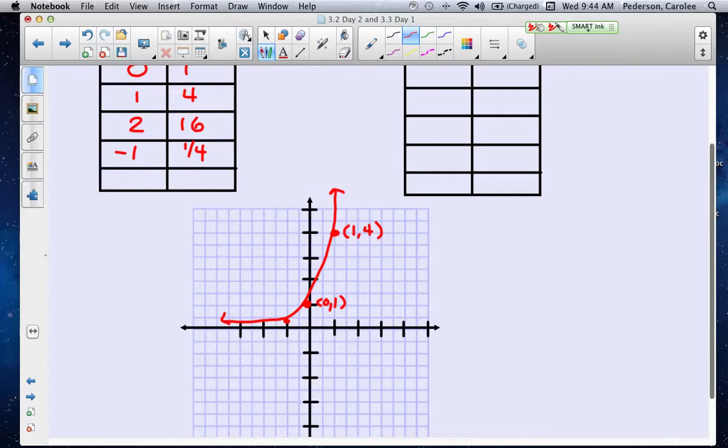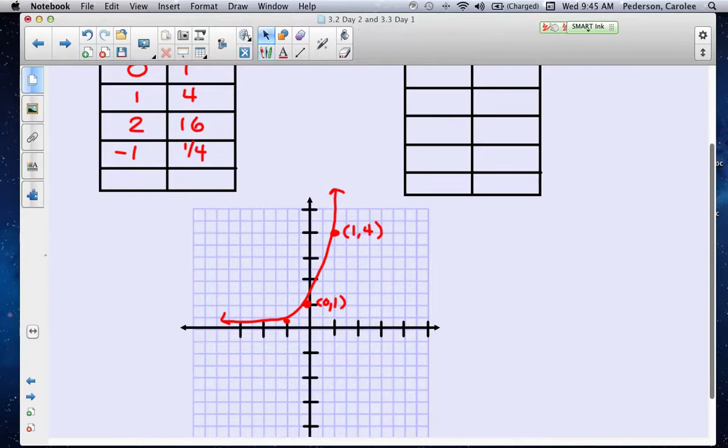Now, here's how you graph a logarithm that has that same base 4. What you do is you just interchange all of the ordered pairs, because a logarithm of base 4 and an exponential base 4 are inverses of each other, and they're reflected about the line y equals x.